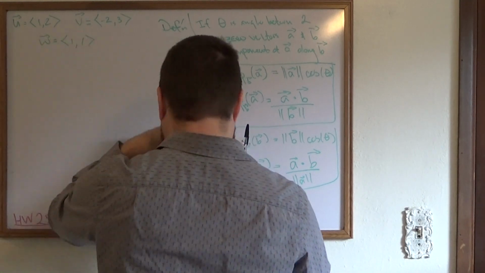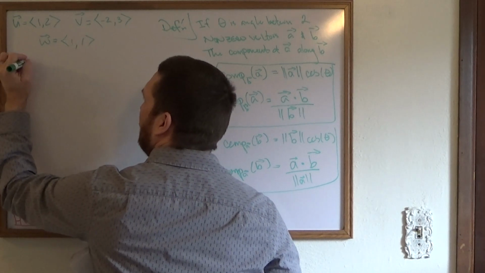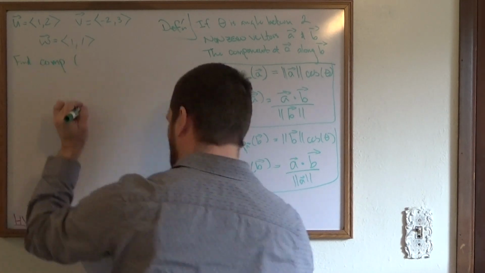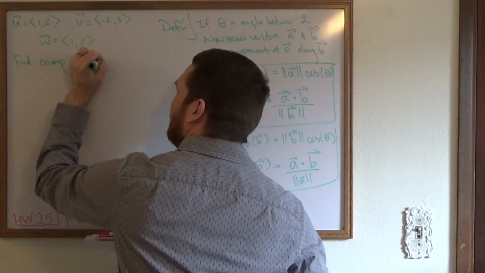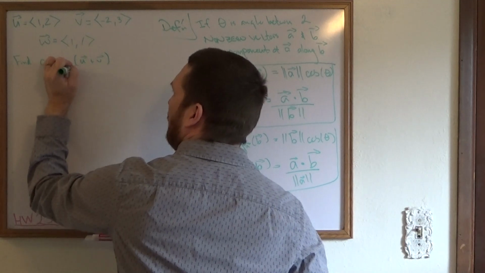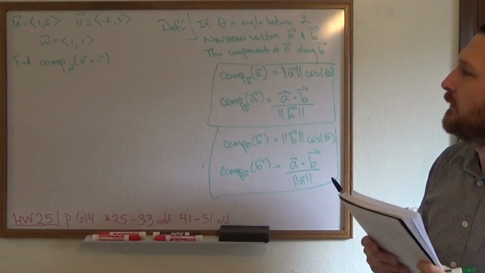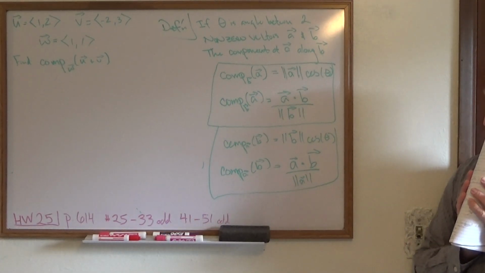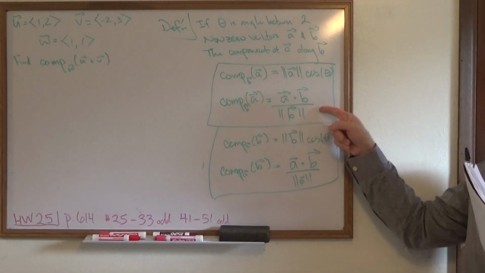And we want to find the component of u plus v along w. Do we have any thetas? No, we don't. So, probably want to use this one.